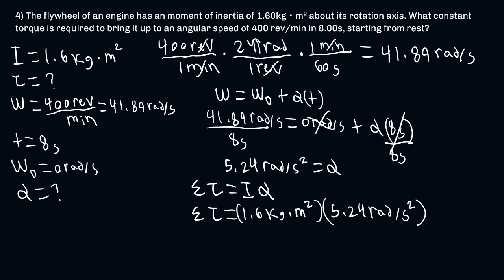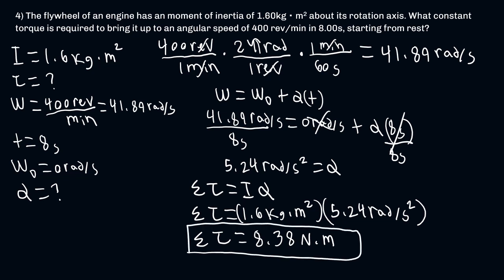So 1.6 kilograms times meters squared multiplied by 5.24 radians per second squared, and we're going to end up with an answer here of 8.38 newtons times meters. So the sum of all torques here, or a net torque, is going to be 8.38 newtons times meters. And that is our final answer.